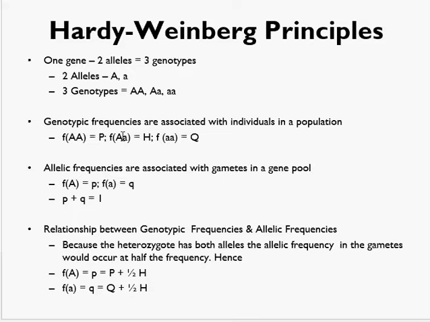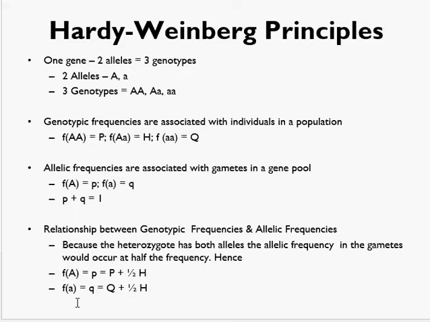So the frequency of this particular allele, big A, is going to be proportional to the number of individuals which are homozygous for big A, plus half the individuals which are heterozygous with big A and small a. That will give you the allelic frequency within that population of big A, and you can work out the allelic frequency of little a similarly.